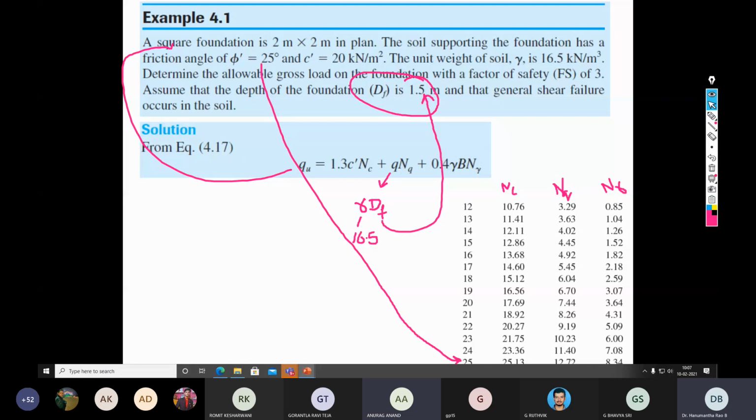There is no specific formula of Nc pertinent to the square. These Nc, Nq, N gamma are pertinent to Terzaghi's theory. For example, in Skempton's theory, the equations for Nc, Nq, N gamma are different.